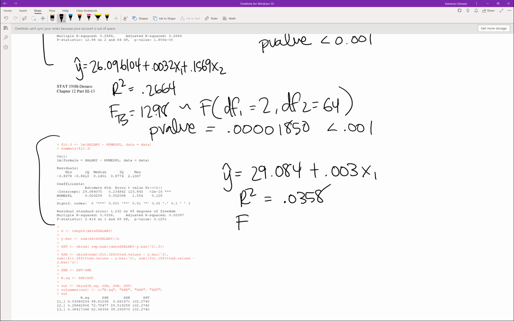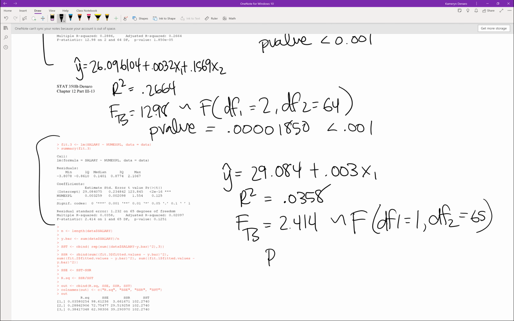If we look at the overall F test, we get our test statistic of 2.414. We compare that to an F distribution where degrees of freedom 1 are equal to 1, degrees of freedom 2 are equal to 65. In this case, the p-value for the overall F test is going to be 0.1251.